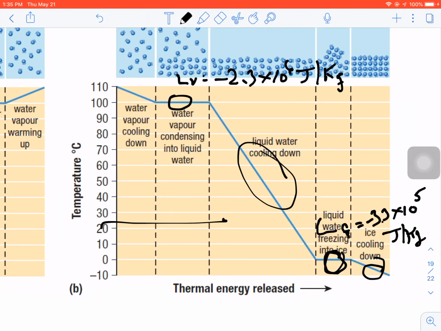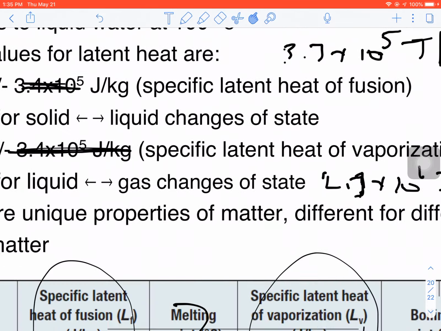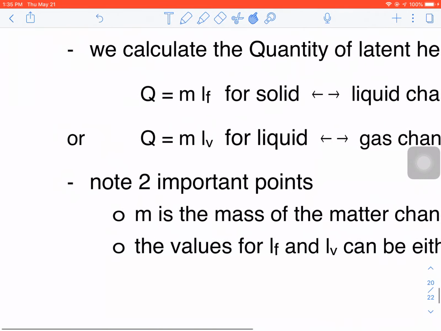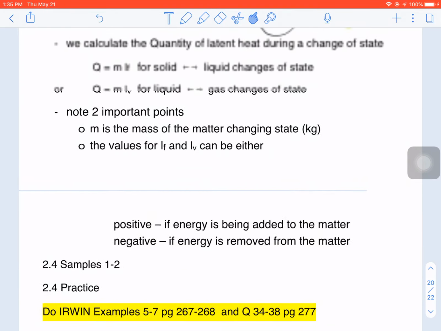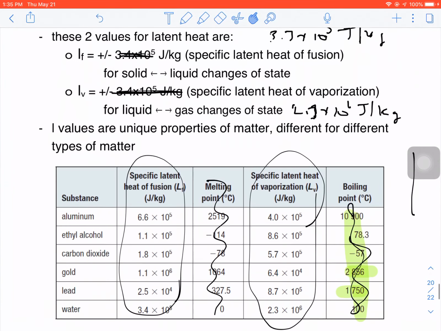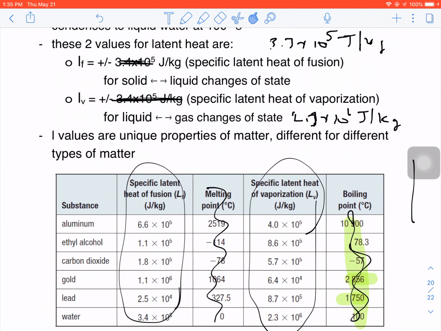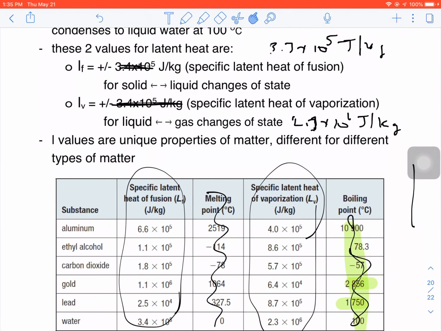So when I look at my L values, the L values are going to be plus or minus 3.3 times 10 to the 5 joules per kilogram, or plus or minus 2.3 times 10 to the 6 joules per kilogram, depending whether I'm adding energy or removing energy.